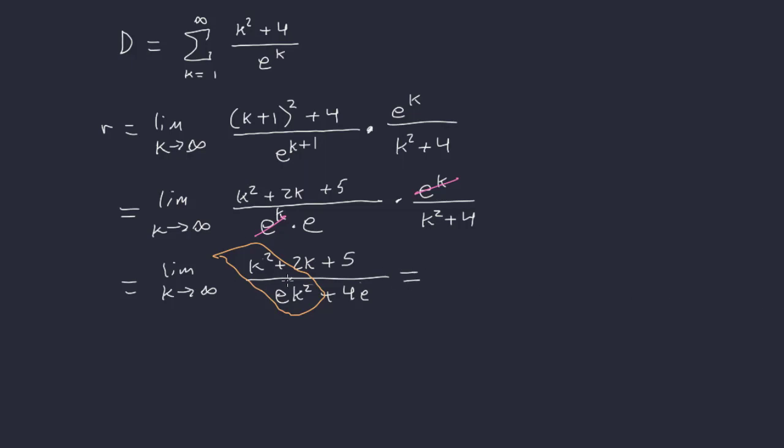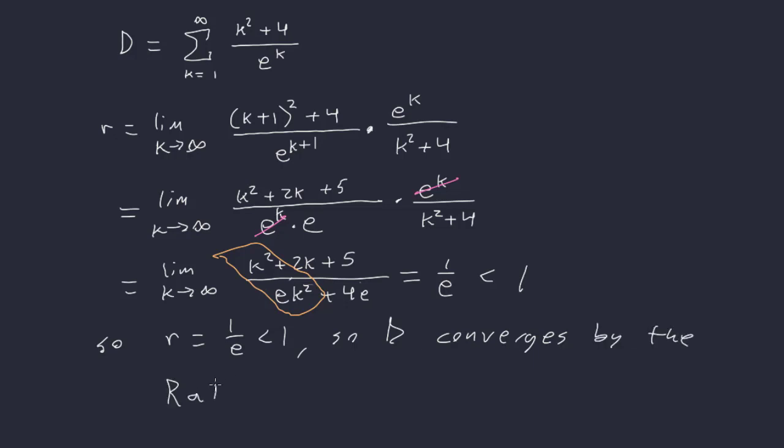So this goes to the reciprocal of coefficients. So this will go to 1 over e. 1 over e is less than 1. So r is equal to 1 over e, which is less than 1. So the series converges by the ratio test.